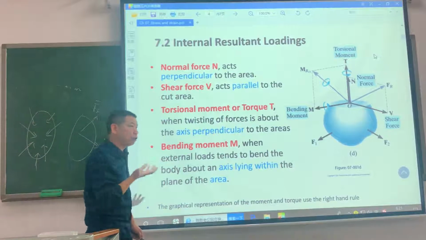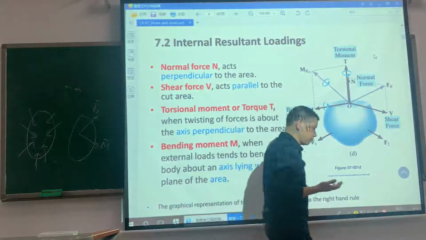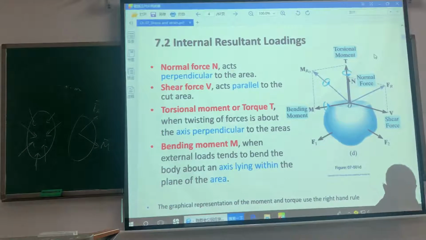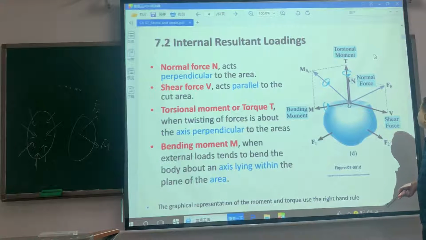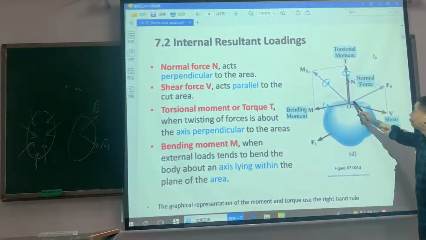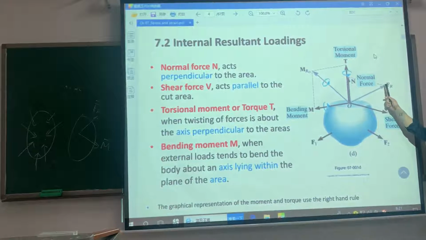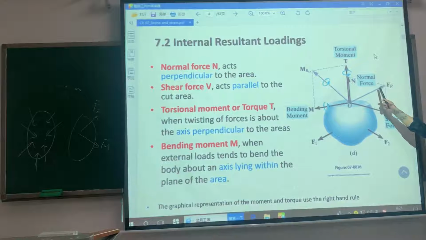We know a force can be resolved into its components. Let's consider the force Fr, the resultant of the forces exerted by the top part.